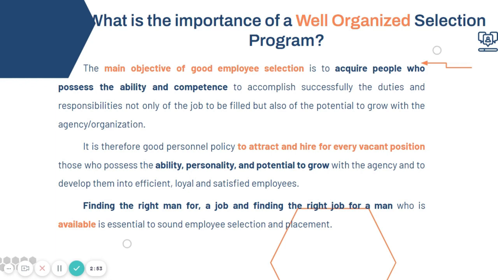It is therefore good personnel policy to attract and hire for every vacant position those who possess the ability, personality, and potential to grow with the agency and to develop them into efficient, loyal, and satisfied employees.